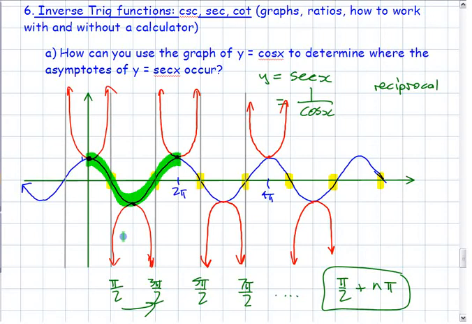That's one cycle of the graph. So the secant graph is going to repeat every 2 pi. Pick any point to the same point, like that point to the same point is 2 pi.